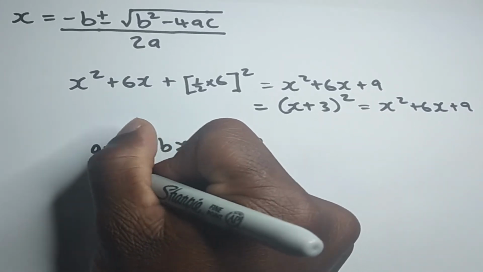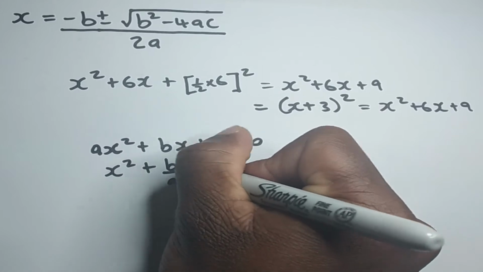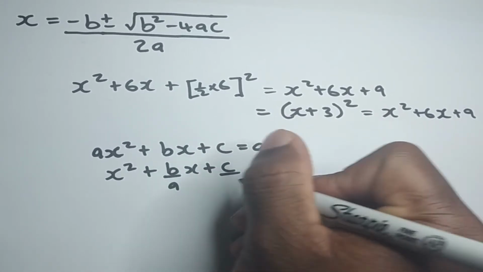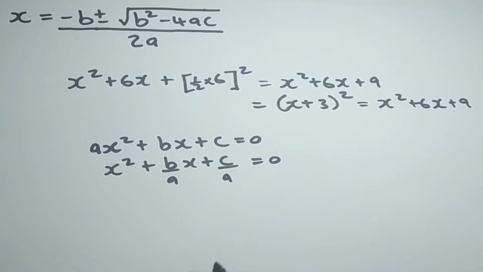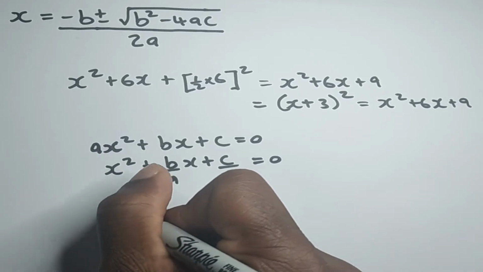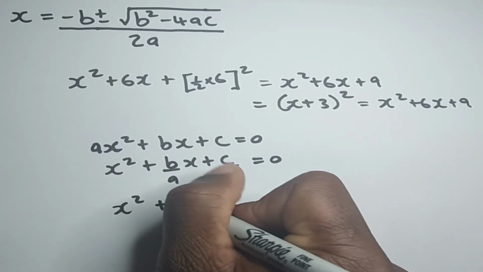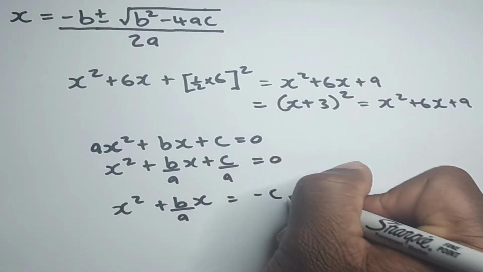That would leave us with x squared plus b over a times x plus c over a is equal to 0. The next thing we want to do is move this c over a to the other side. So we'll end up with x squared plus b over a x is equal to minus c over a.